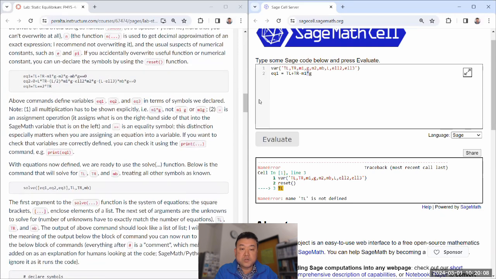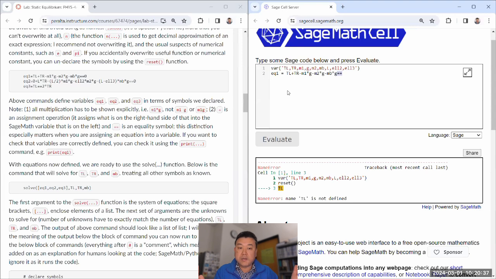So you have to make sure you always put in multiplication symbols. Minus M2 times G minus MB times G is equal to, the 2 equal signs. It has a different meaning from a single equal sign. In programming languages, a single equal sign is an assignment symbol. It assigns what's on the right-hand side as a value for what's on the left-hand side. What I have here is a logical operator.